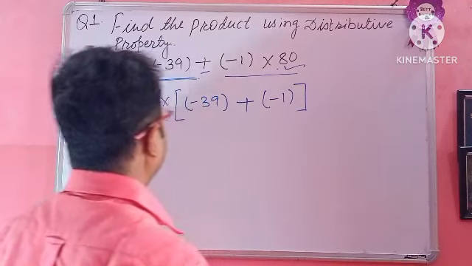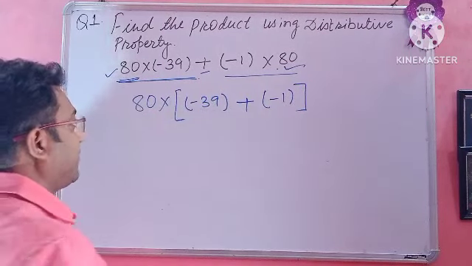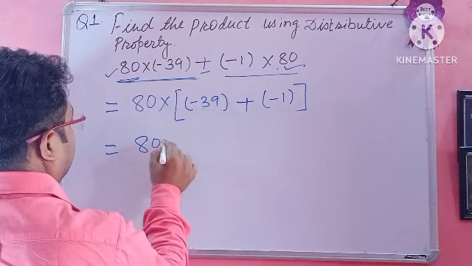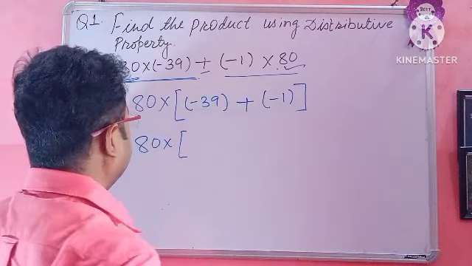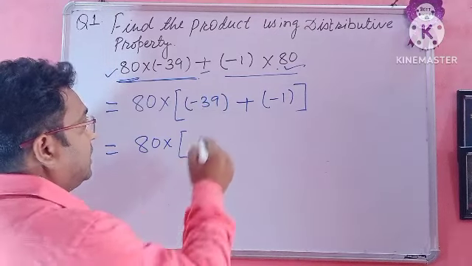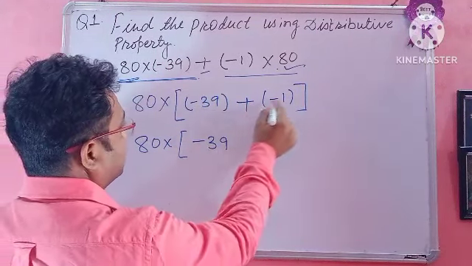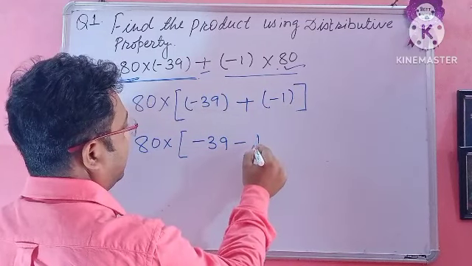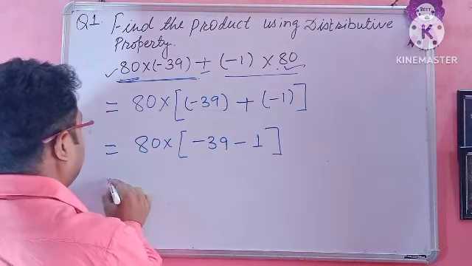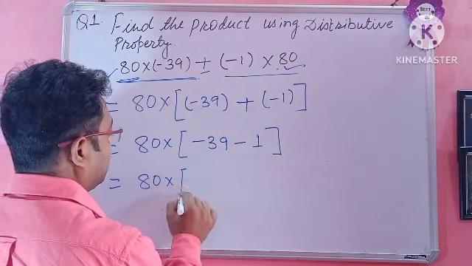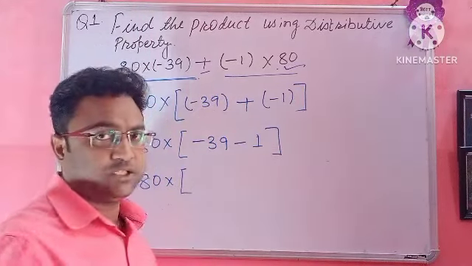After that, 80 will be written as usual. Minus 39 will be written as minus 39, and plus minus will give you minus 1. Now 80 again will be written as usual, then minus 39 and minus 1.